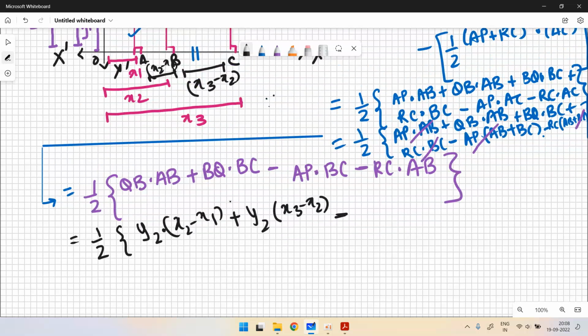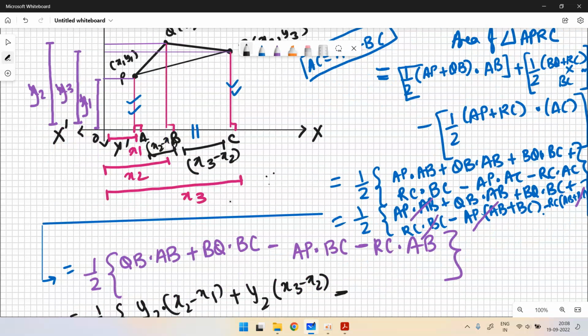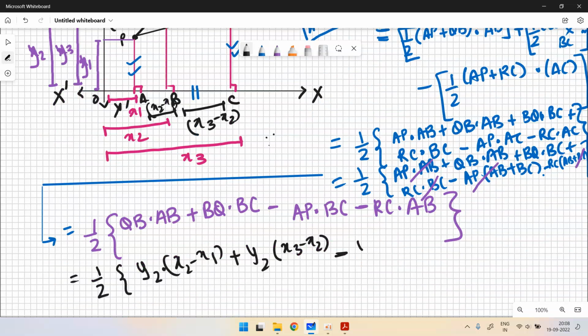Minus AP, AP is y1, into BC, which is x3 minus x2, and minus RC. RC is y3, into AB, which is x2 minus x1.